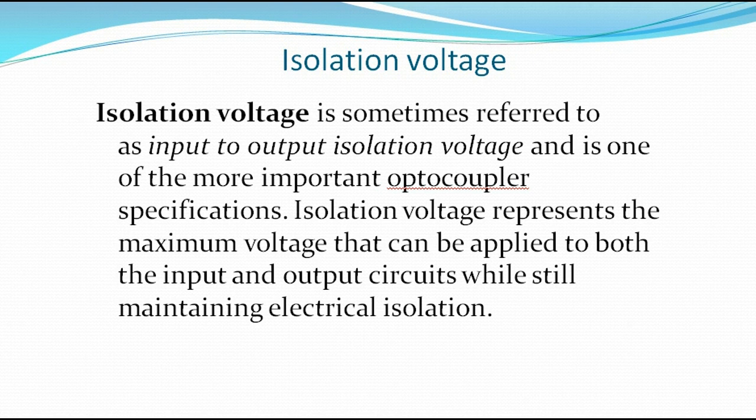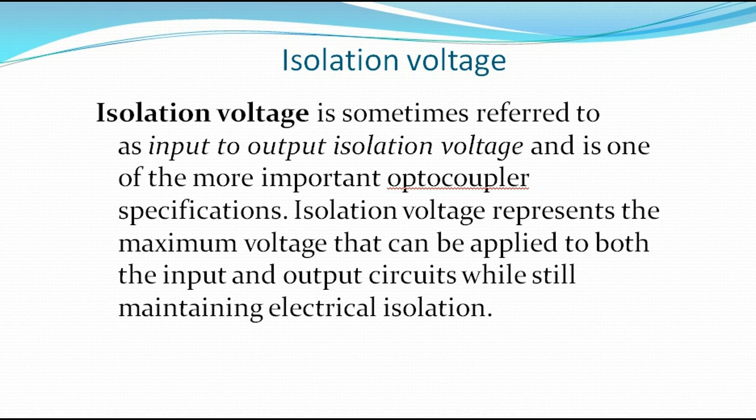So in that case, isolation voltage represents the maximum voltage that can be applied between the input and output circuits while still maintaining electrical isolation. I've already explained it before.